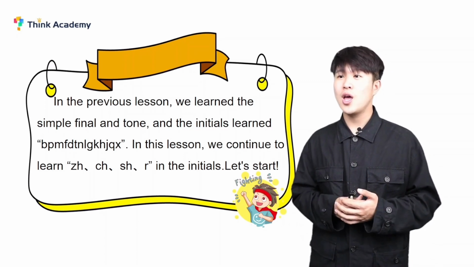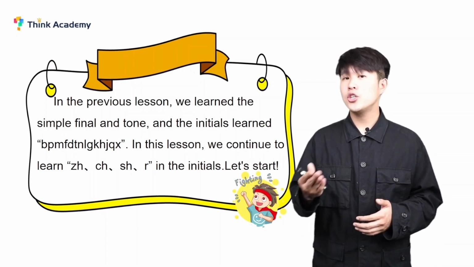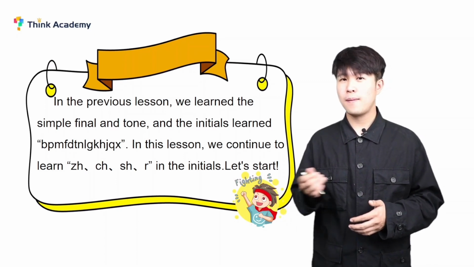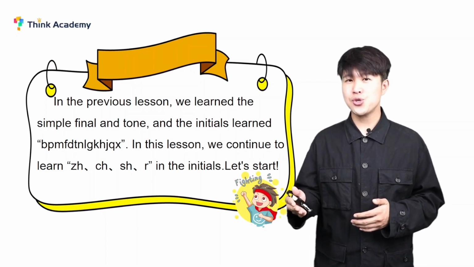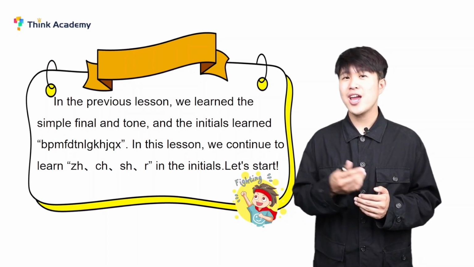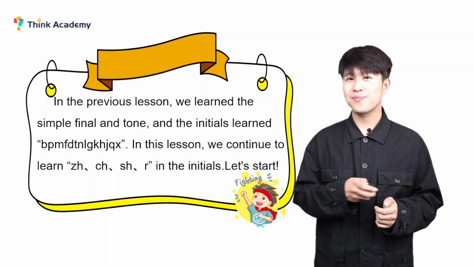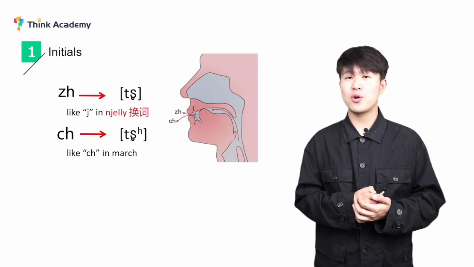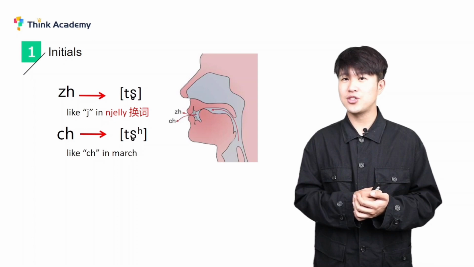In this lesson, we continue to learn zhi, chi, shi, ri. Let's start. Firstly, let me introduce the pronunciation for each initial.